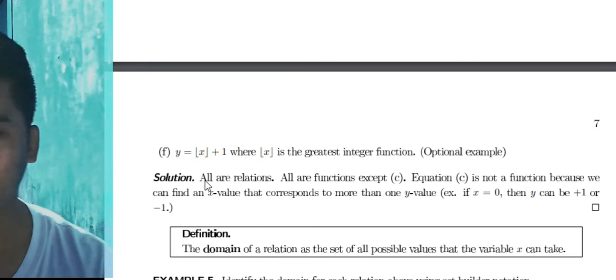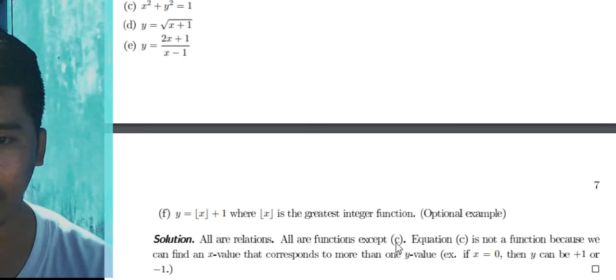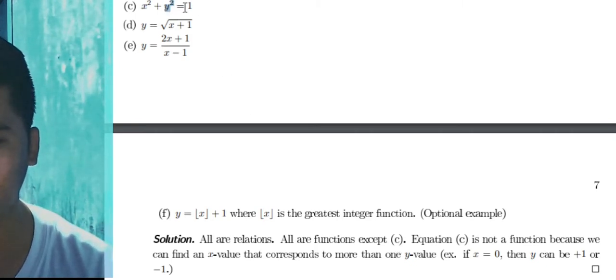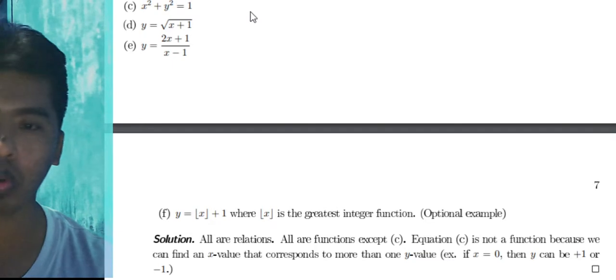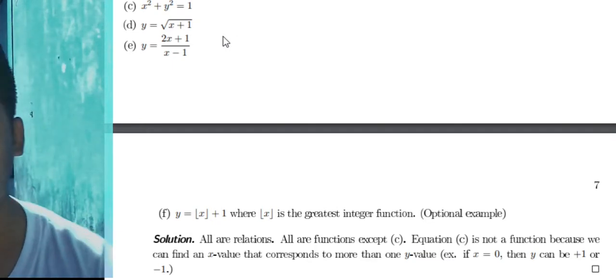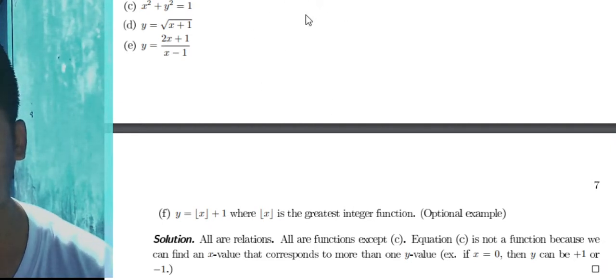So solution, all are relations. All are functions except C. This one, C, because the x is squared and the y is squared, so meaning this would be a circle or a parabola. So if x is squared and y is squared, it looks like a circle or parabola. I will not solve this.